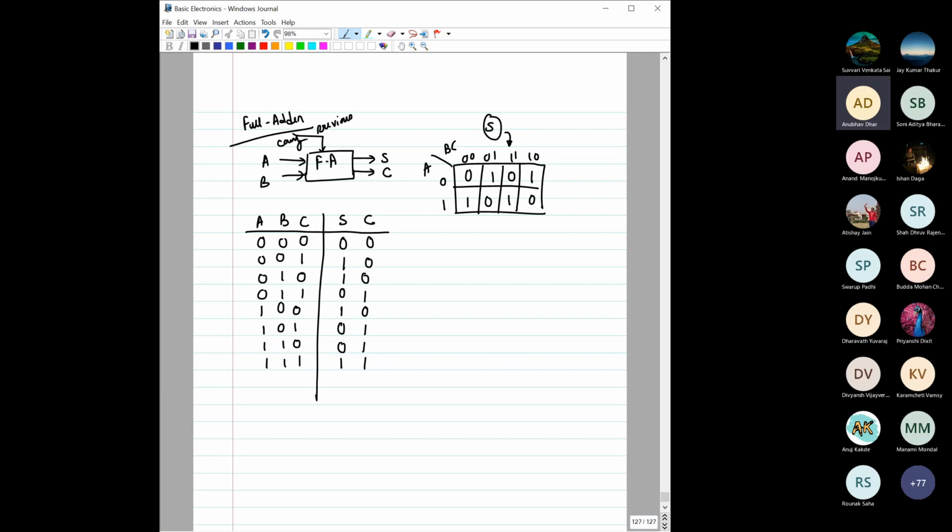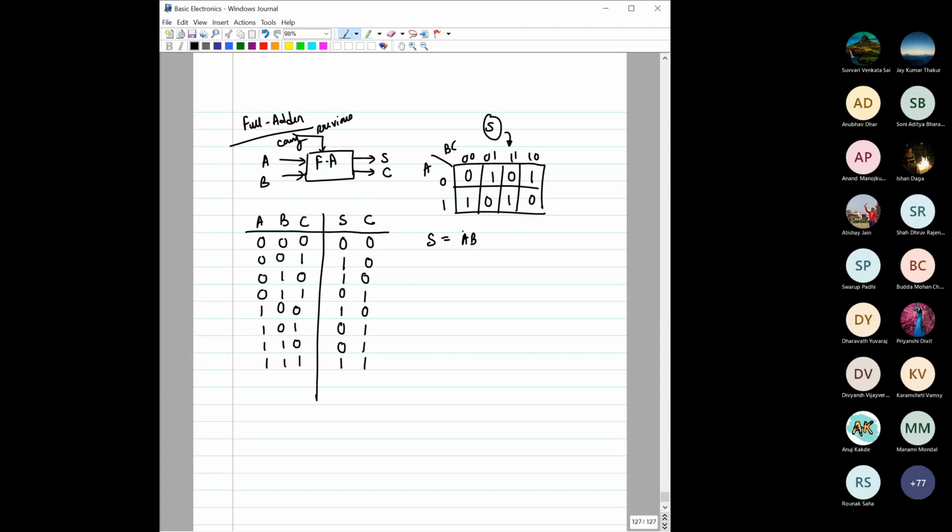Yes, sir. Okay. If this is correct, then we can also write the expression for sum. Can you please tell me what is the expression? Can you minimize it? No, sir. So then you have to write the individual terms, right? Okay, so let us start from here. It is 0, 0, 1.